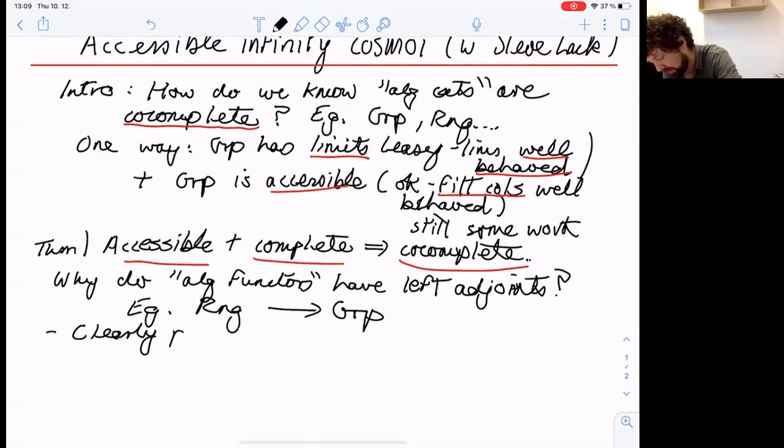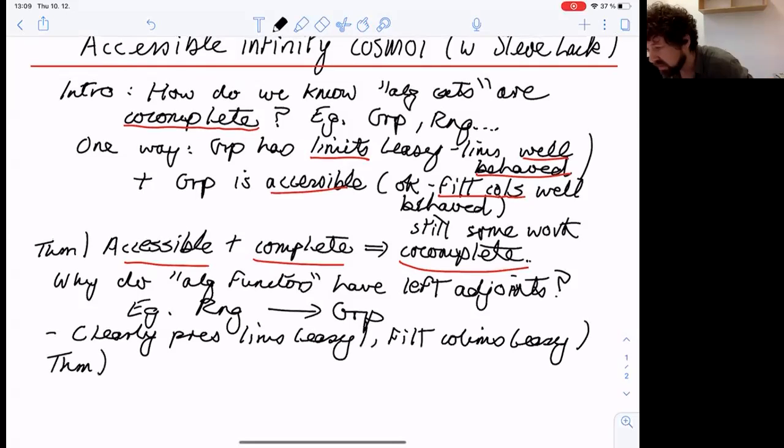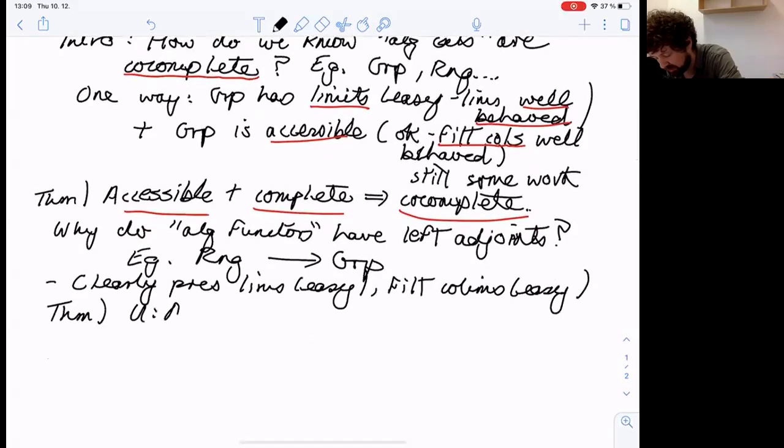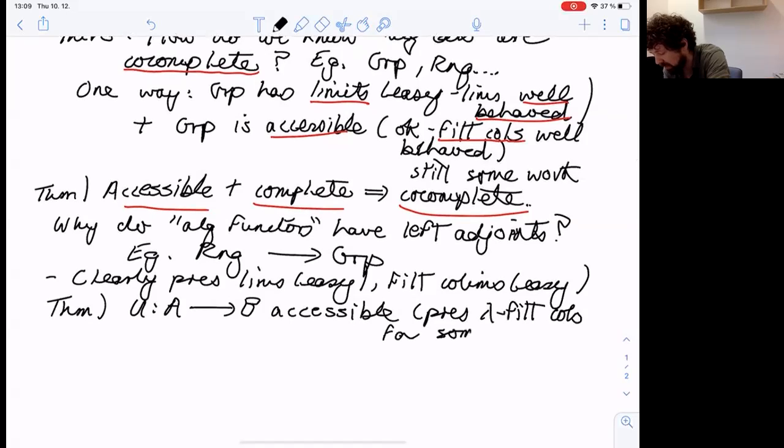Such functors clearly preserve limits, which is again easy because limits are well behaved, and also filtered colimits, which is again easy because filtered colimits are well behaved. Now there's a theorem which says that if you have an accessible functor, and what does that actually mean? Accessible means it preserves lambda-filtered colimits for some lambda.